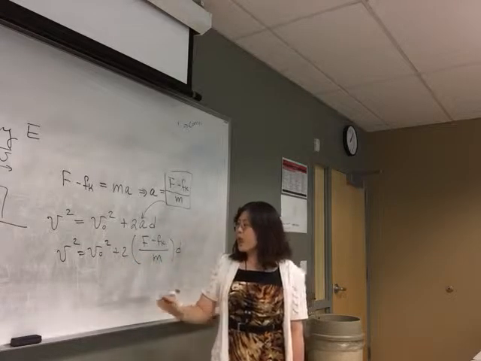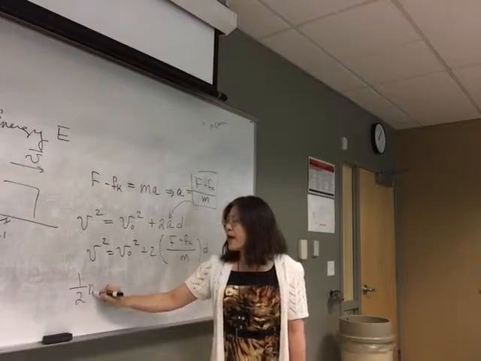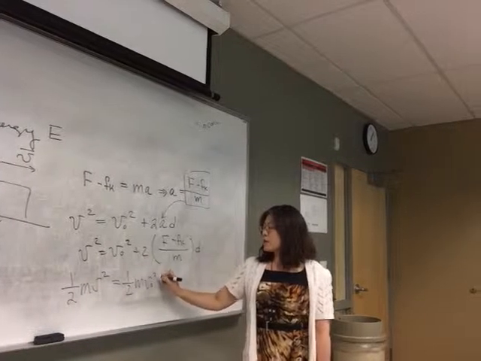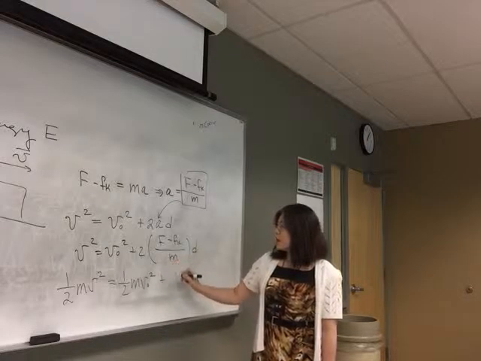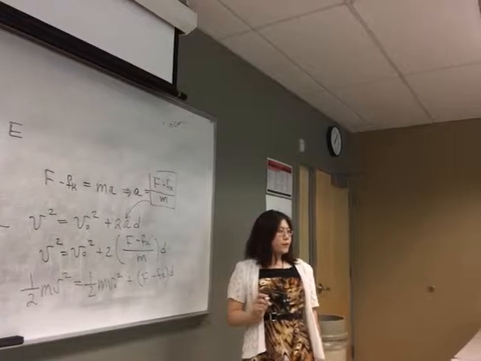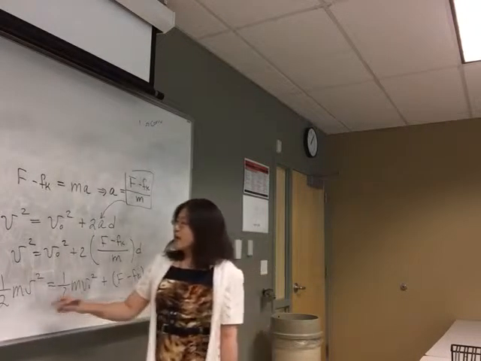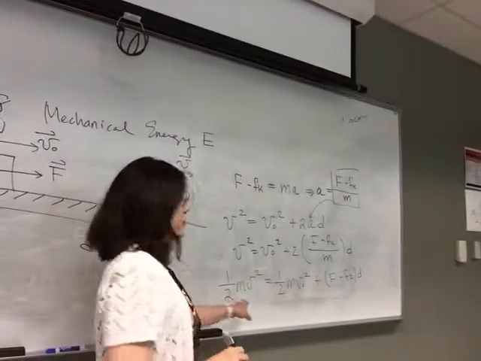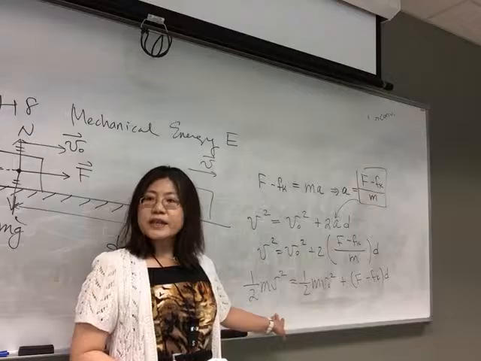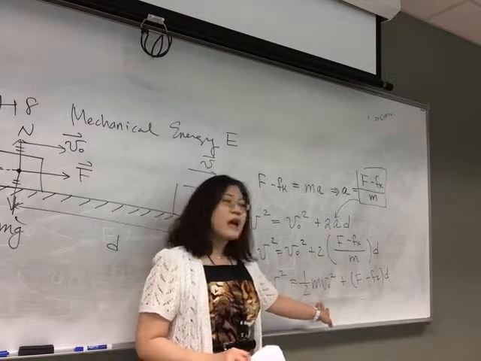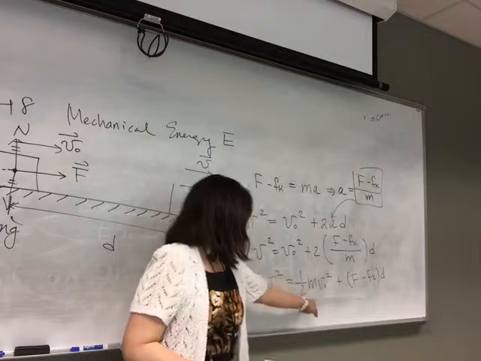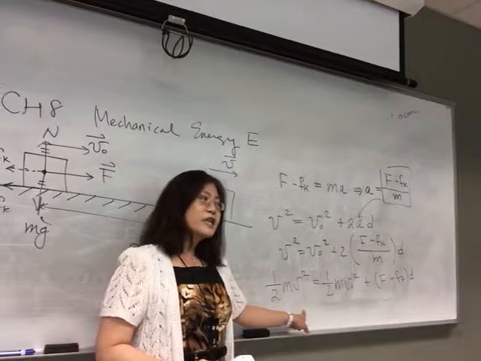So what we have here is 1/2 mv squared equal to 1/2 mv naught squared plus (F minus Fk) times d. What is 1/2 mv squared? That's your final kinetic energy, right? And that's equal to 1/2 mv naught squared, which is the initial kinetic energy. So when you move this term to the other side, that gives you the change in kinetic energy.